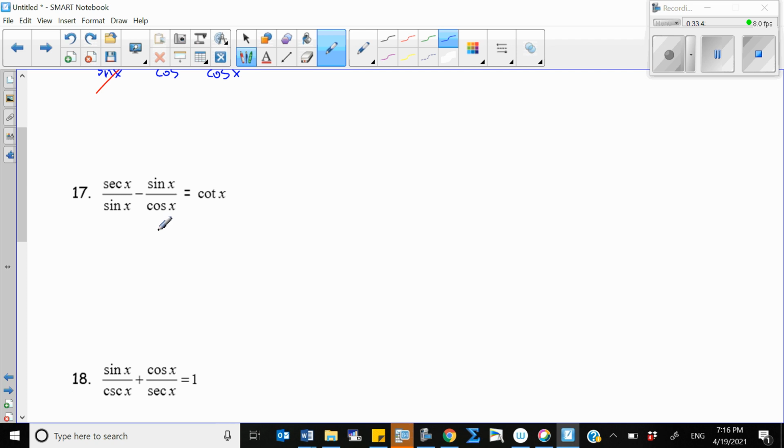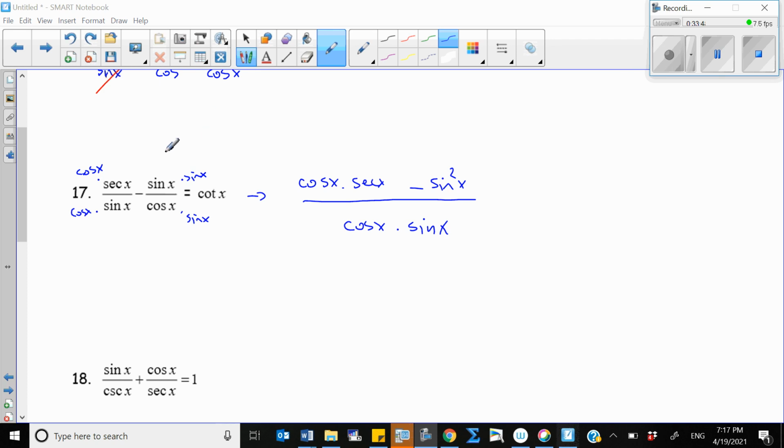For this question, it's better if you find the common denominator. The common denominator between these two fractions is sine times cosine. Because they don't have anything in common, you just multiply them to find the common denominator. So this is your common denominator.